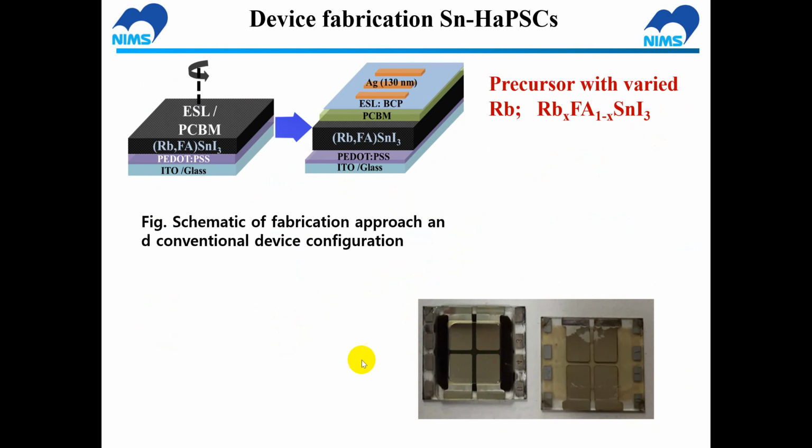And this is the schematic of device fabrication. Here is precursor stoichiometry. We varied rubidium content in formamidinium tin halide precursor, and this is the device with the rubidium incorporation, and this one is the pristine device, and we can see the difference.